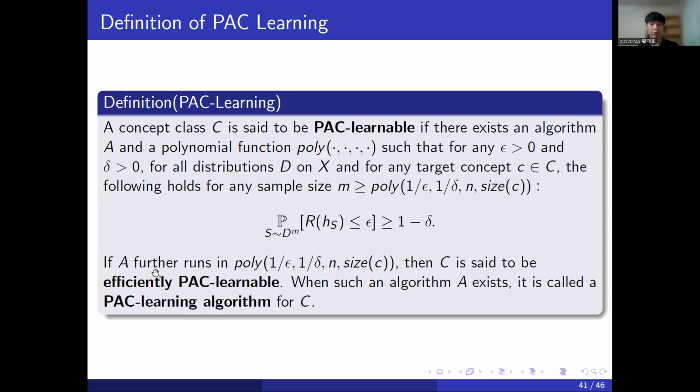If algorithm A further runs in polynomial time of these arguments, then C is said to be efficiently PAC learnable. When such an algorithm A exists, it is called a PAC learning algorithm for C.